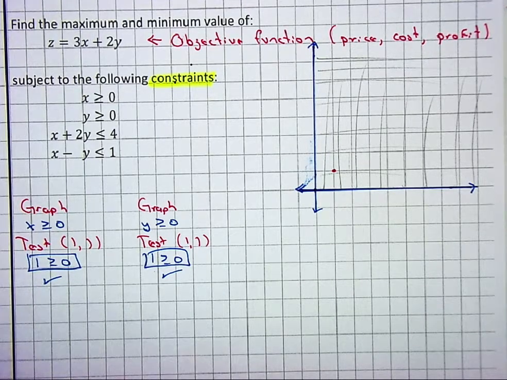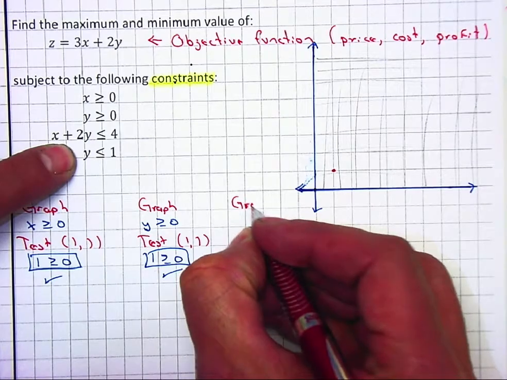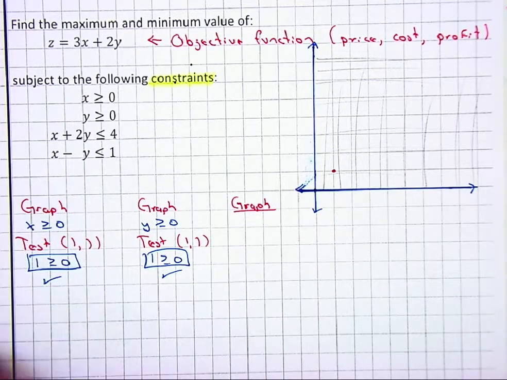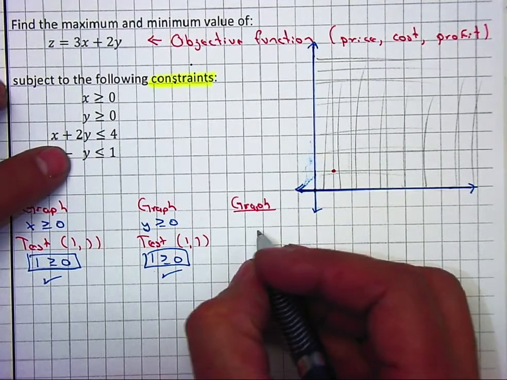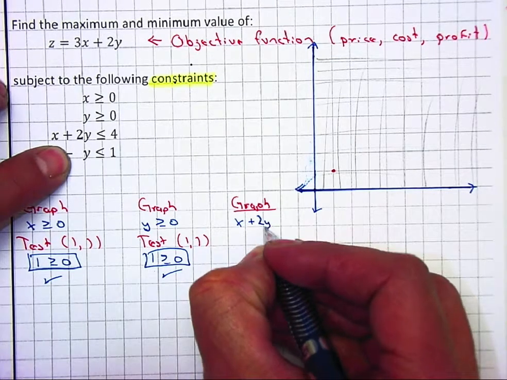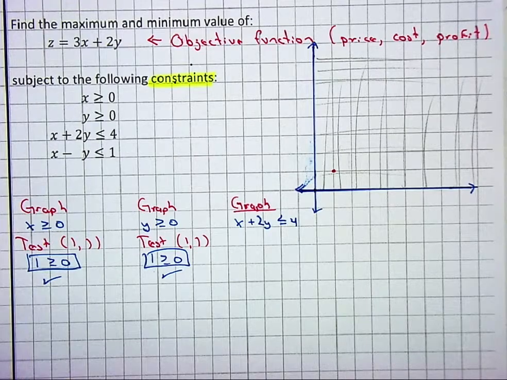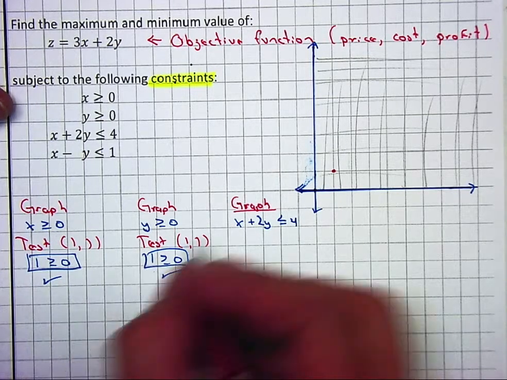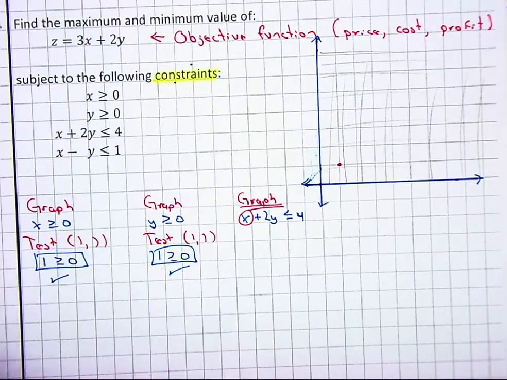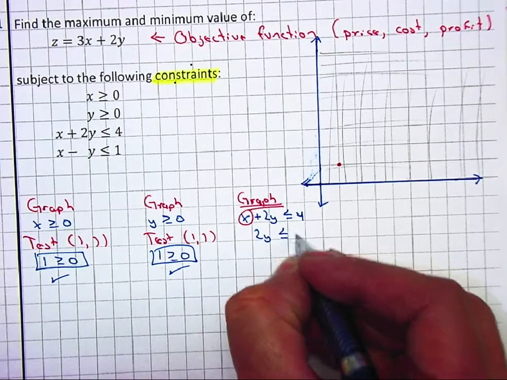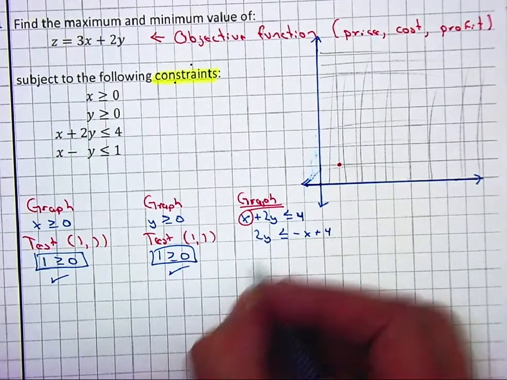I'm going to graph the third equation, which is x plus 2y is less than or equal to 4. To graph it, I'll leave the y by itself, placing it into slope-intercept form. 2y is less than or equal to negative x plus 4. Divide by 2.